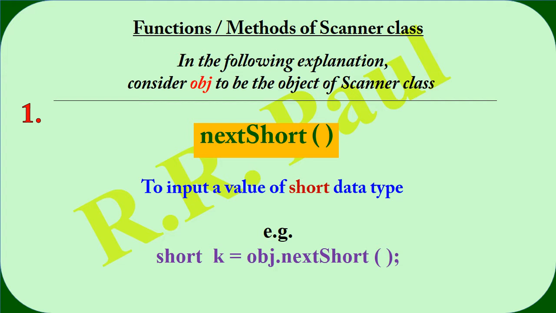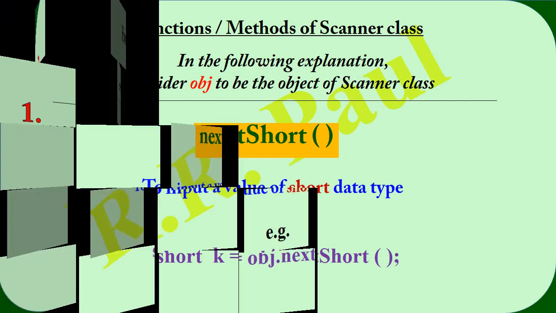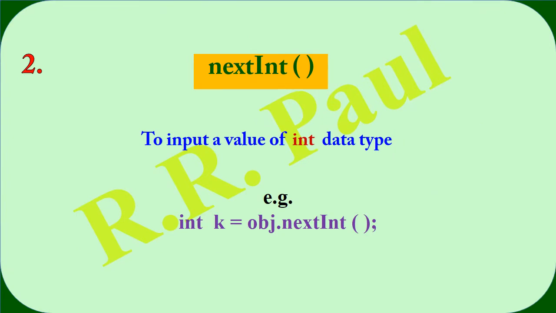The first function is nextShort. Now this function can be used to input a value of short data type. The example is given just below that. obj.nextShort() will be used to input the value, and that returned value will be stored in variable k, which is also of short data type. nextInt is the function used to input a value of int data type.